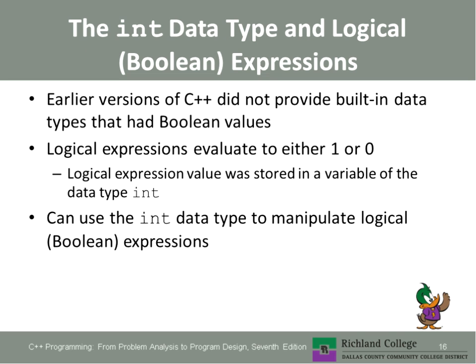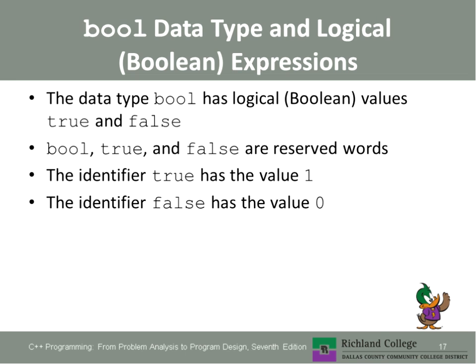So the Boolean data type basically has two states, two values, 1 or 0. It is an integer, so an integral data type, and that's what we use to manipulate logical expressions.